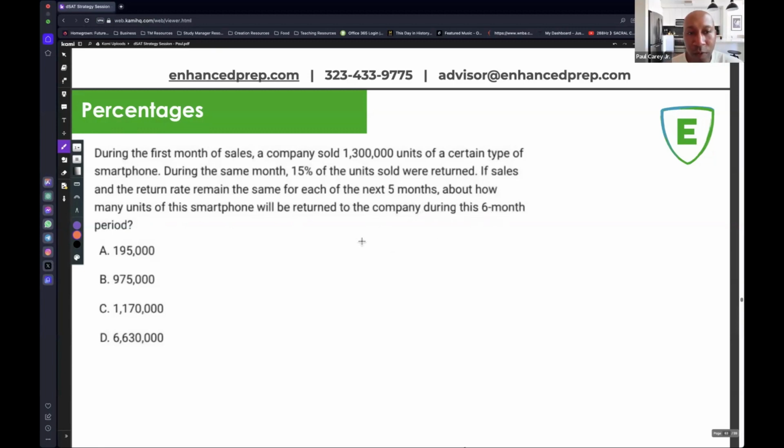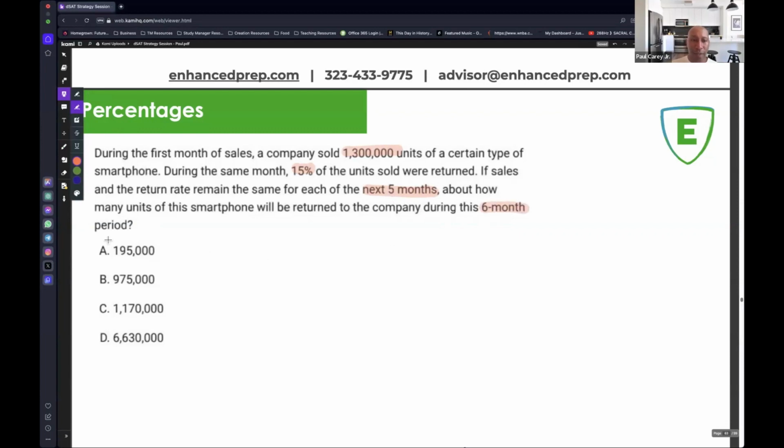Well, in this case, what can we do? We can always just start to think about our equation. If sales and rates return at this rate, we want to think about the question over the next 5 months. So always highlight your information that you have. How many units of smartphones will be returned during the 6 months, right?